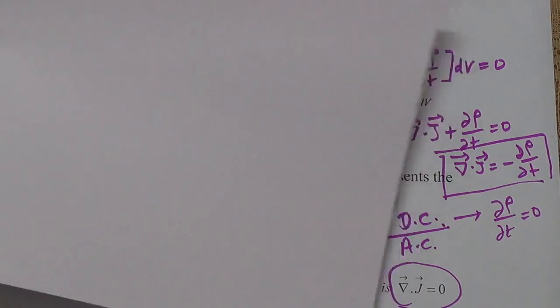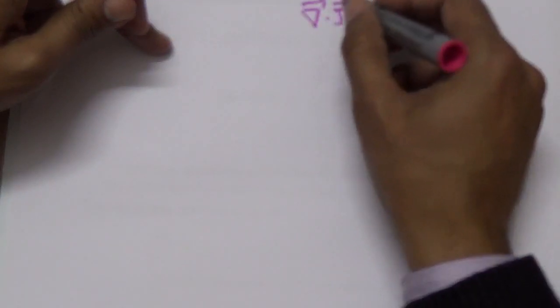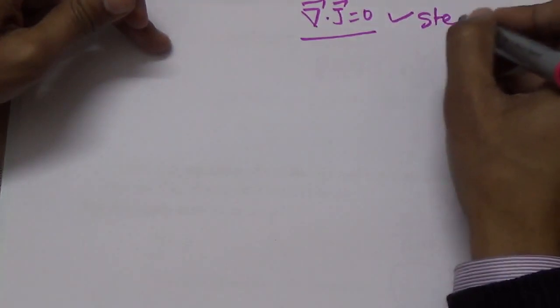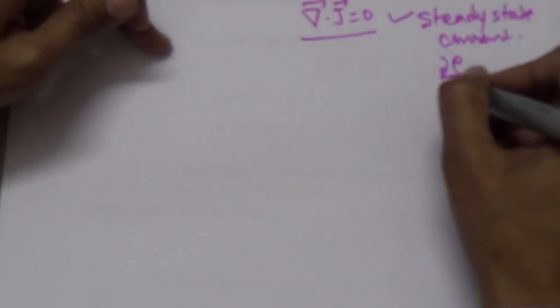Now let us check Ampere's law. We have seen that divergence of J is equal to 0 for the steady state current. For uniform current, that is direct current, steady state current, d rho upon dt is equal to 0.